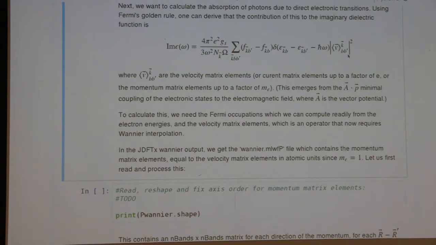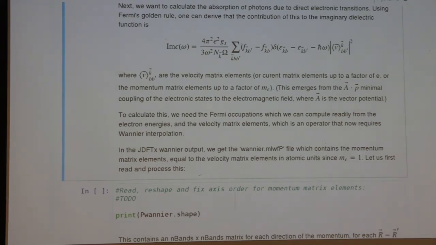And the reason why you get this is effectively the coupling between electromagnetic waves and these electrons is through the minimal coupling, so it's an A dot P type coupling, for those of you who are familiar with that from QFT. And you get the same kind of behavior here, or you can think about it as the electric field coupling with the dipole. You can show that it's equivalent. And so it's the vector potential dot product with this velocity which is giving you this behavior. So that's the perturbation here, the velocity squared.